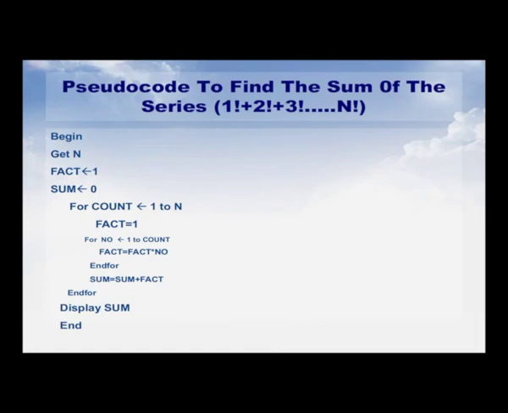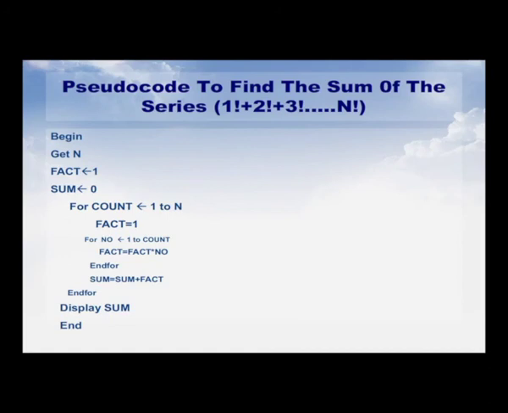Now, for number from 1 to count, we keep on multiplying the number to fact. Initially fact is 1, so the first number is 1, then 2, then 3, as the number is incremented. So if the number is 1, fact is 1.